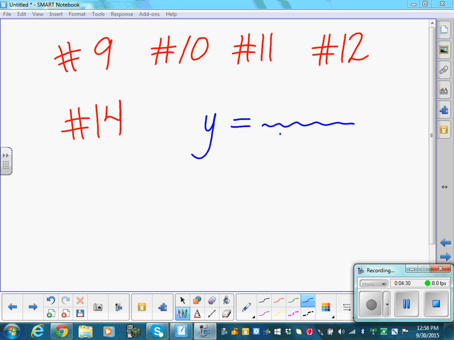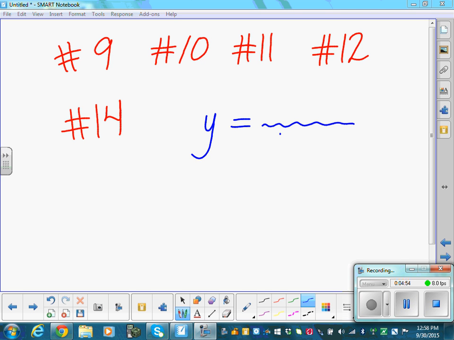But on number 10, you're going to have to get y all by itself. So I would subtract 6x squared over to the other side. I would subtract 12x to the other side, and I would subtract 13 over to the other side. And then you can go ahead and complete the square just like we have with our other problems. Now just make sure it's in standard form and that it's set equal to 0.